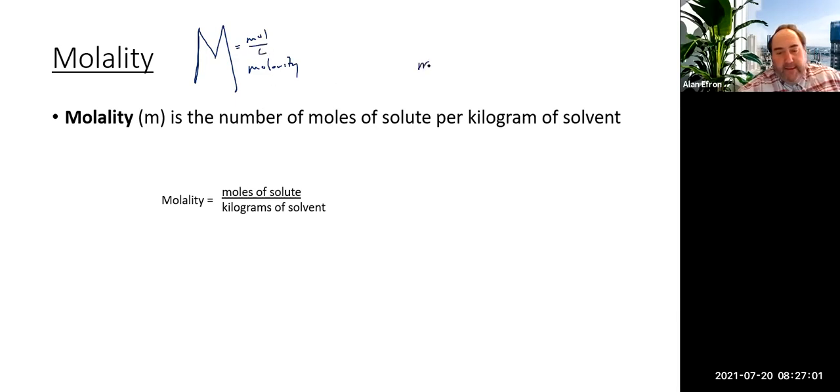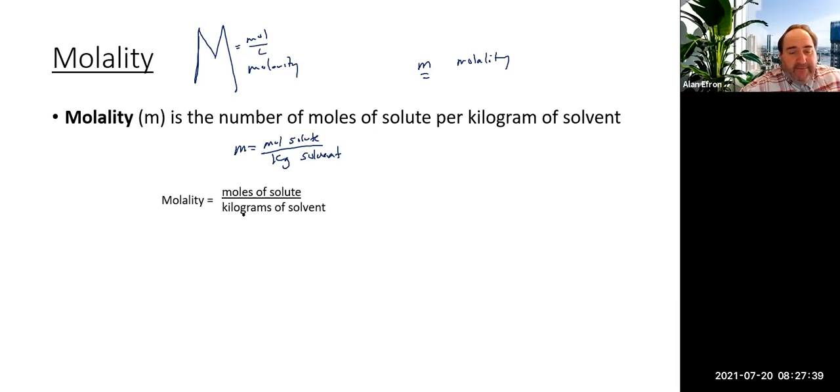Little m, which is not mass or anything like that, is in this case molality. They sound alike and have similar symbols, but one is capital and one is lowercase m, and it is a little bit different. The molality of something is the moles of solute divided by the kilograms of solvent.